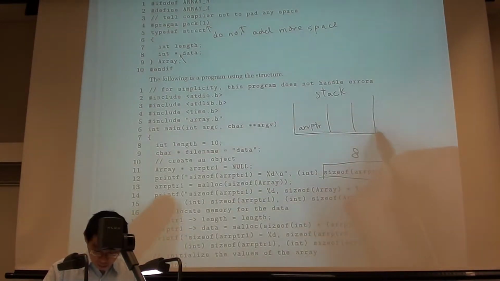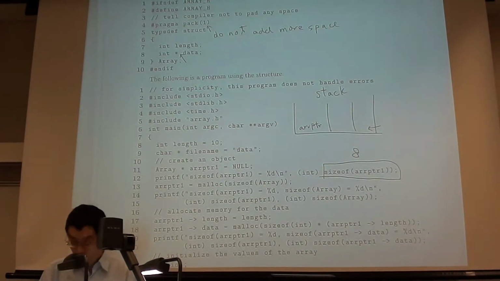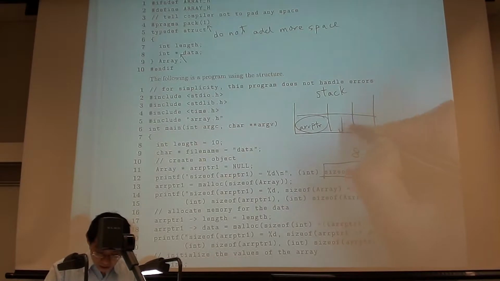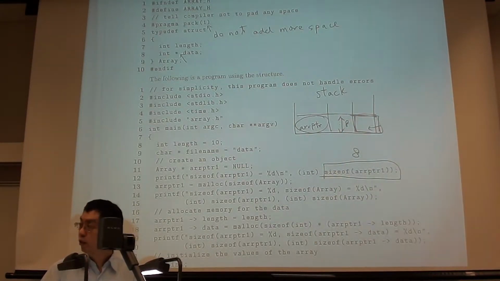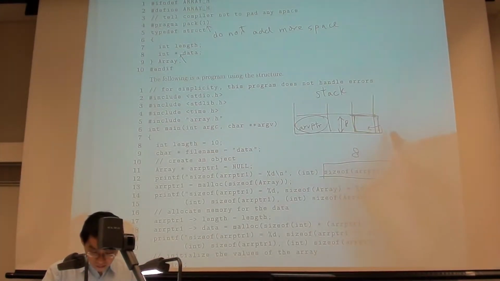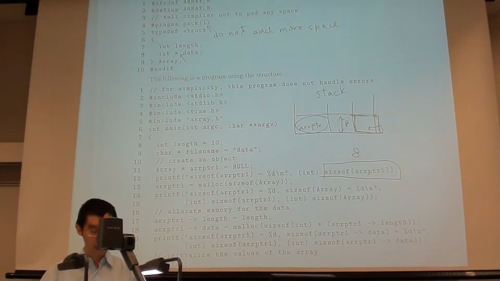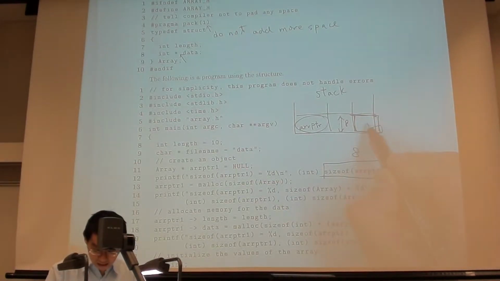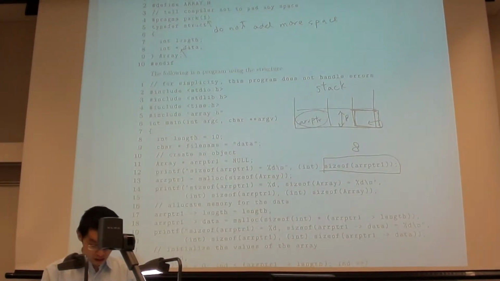After malloc, you simply change this. You are not changing the size of this. This needs 8 bytes because this one needs to store an address. Since it's a pointer, that means the value is an address. Address 64 bits, therefore you need 8 bytes here to store the address. That's the reason this is still 8.